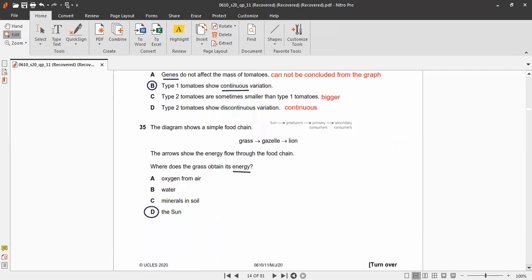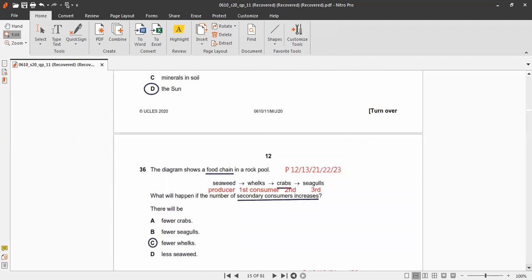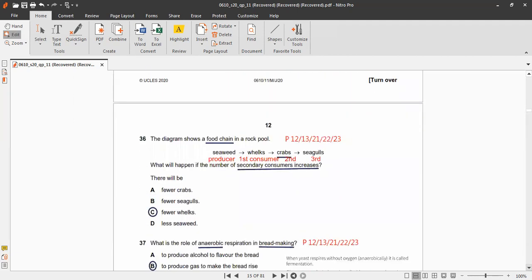The diagram shows a simple food chain: grass, gazelle, and lion. The arrows show the energy flow through the food chain. From where does the grass obtain its energy? Yes, from the sun. The diagram shows a food chain in a rock pool. In a rock pool, seaweed and eels and crabs and seagulls.